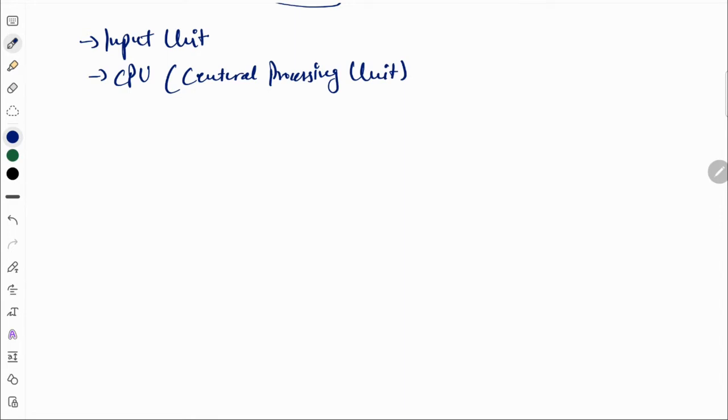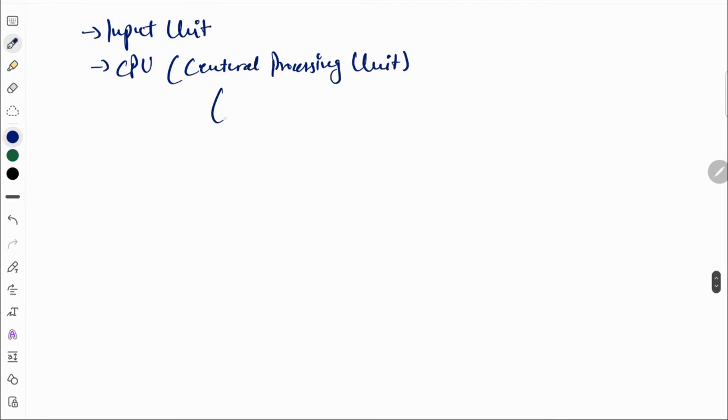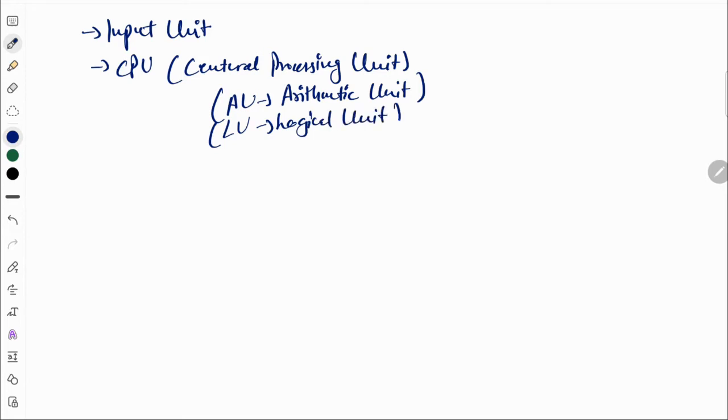In this, two units are there: ALU, arithmetic logical unit, and then output unit.